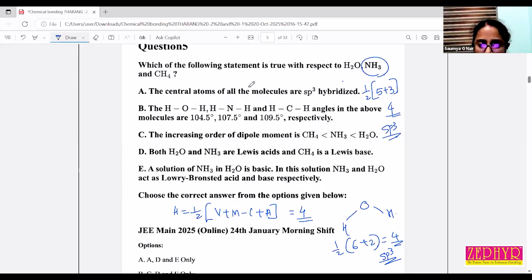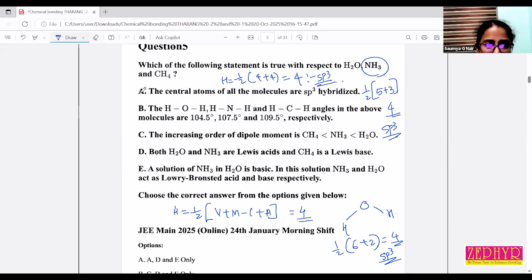Now CH4: half into carbon 4, monovalent also 4, 4 plus 4, 8 by 2 is 4, sp3.